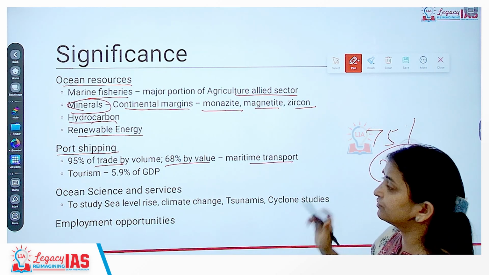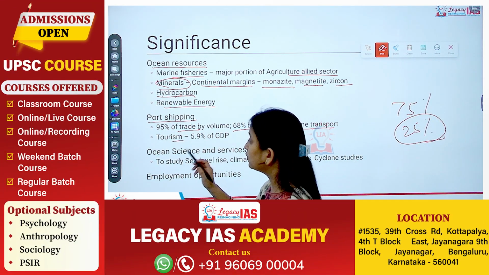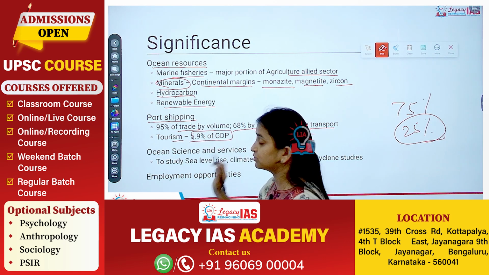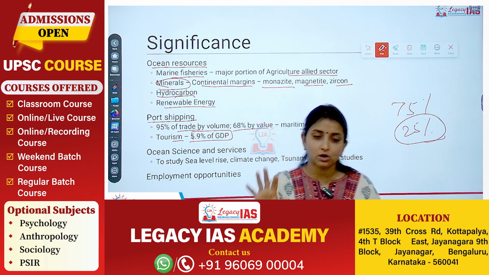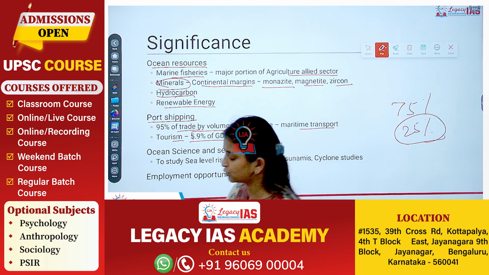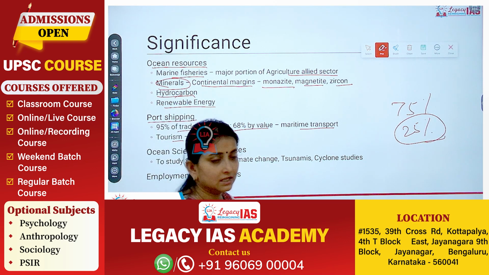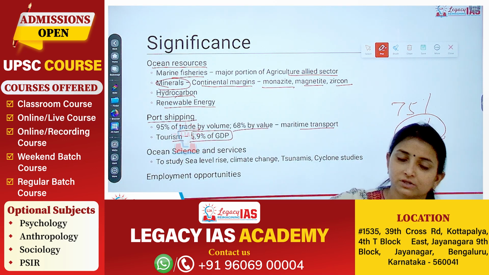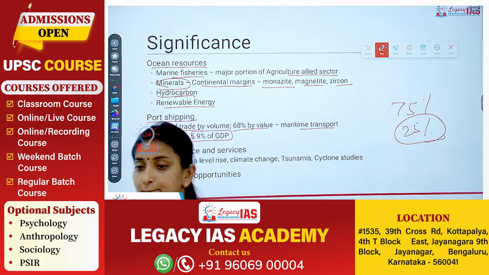All of it is taking place through maritime transport only, and tourism alone accounts for 5.9% of GDP. So, if we talk about the total amount of contribution of tourism to GDP, it is 5.9%. But if we are taking into account tourism as a part of blue economy, the figure is 5.9%, and blue economy itself is completely 4%.